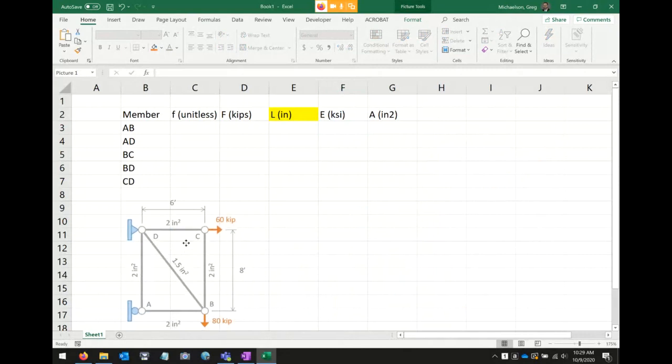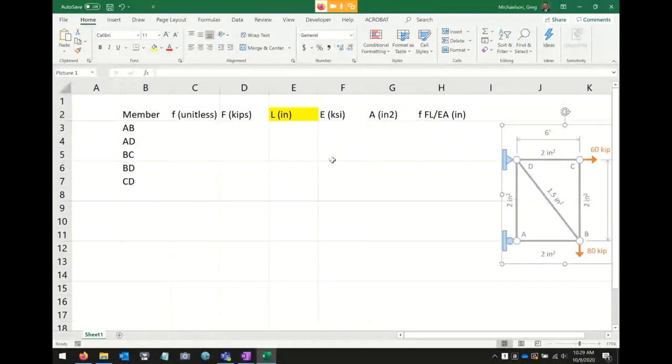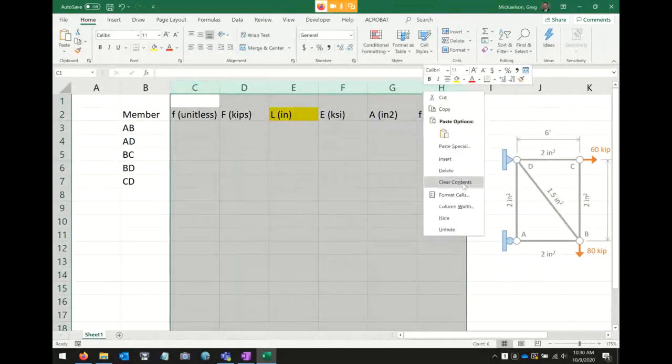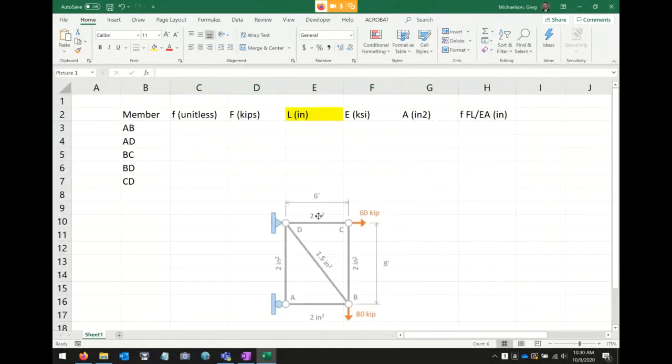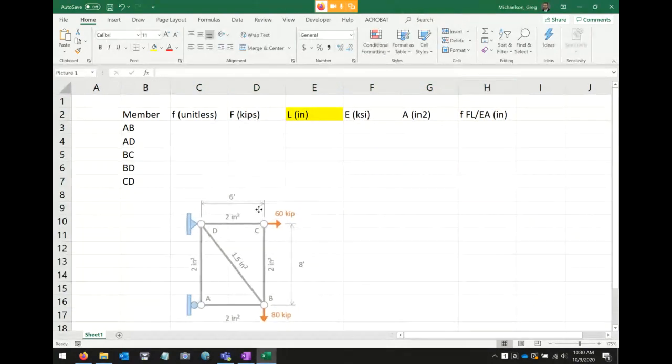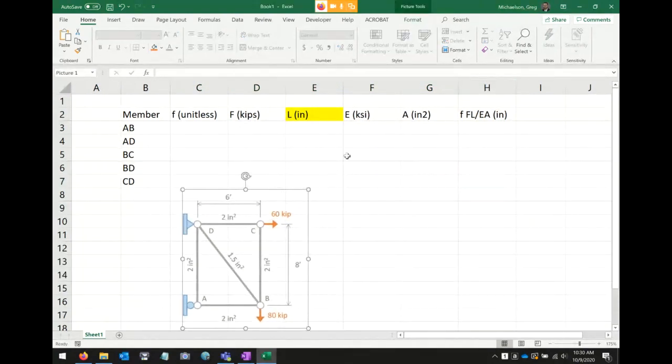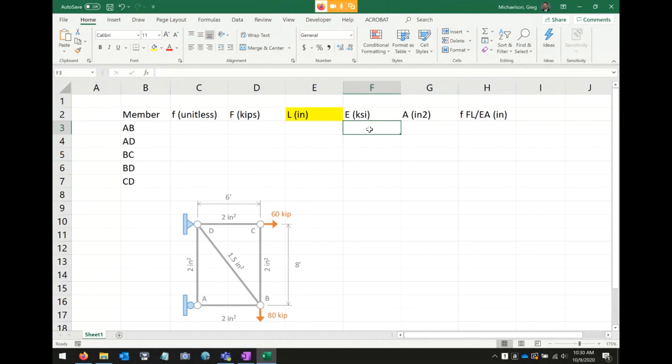I'm going to move this over here, and then we're going to do little f, FL, EA in inches. Maybe I'll make these columns a little bigger so we can see what's going on. Right off the bat, the first thing I'm going to do is see if I can fill in some of the values.